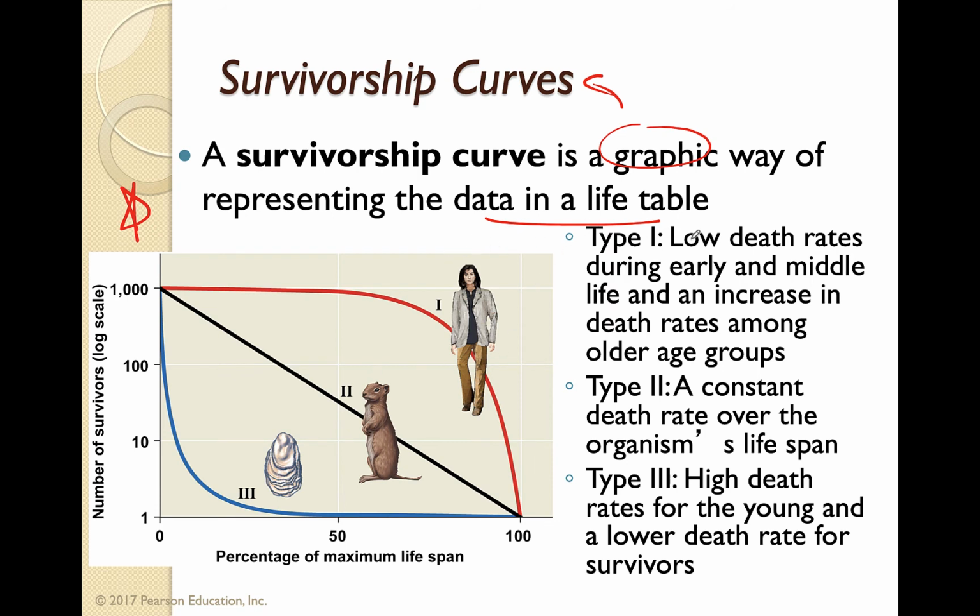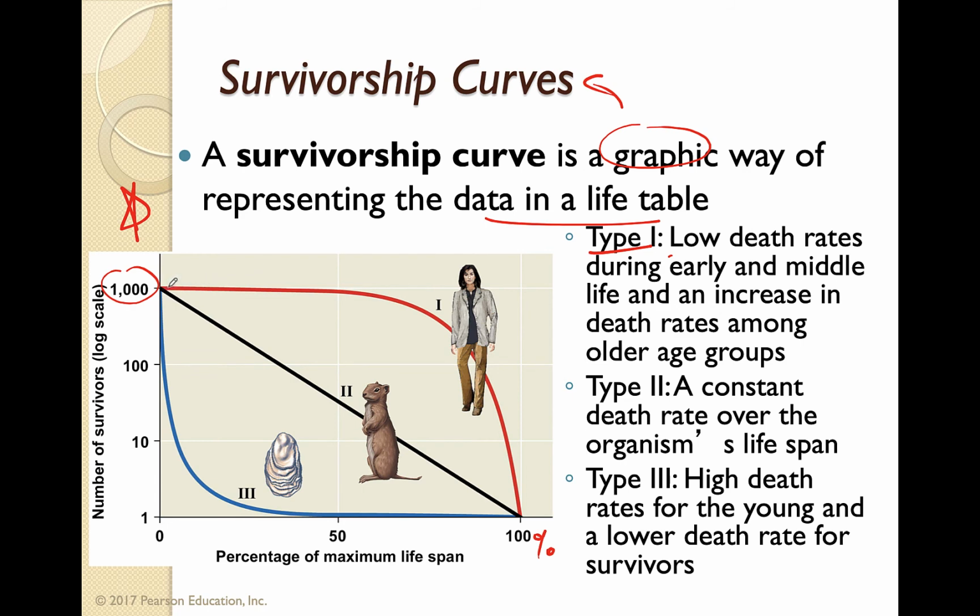So type 1 is like us. So these are going to have really low death rates early on in life, and then the death rate increases as we get older. So this is not 100 years, this is 100% of your lifespan. In humans, that's somewhere around 80-ish years. So let's assume that the number of survivors, let's start with 1,000 people, right?